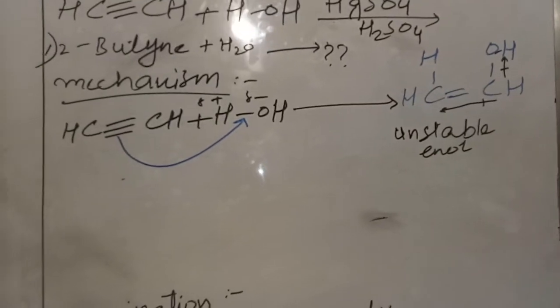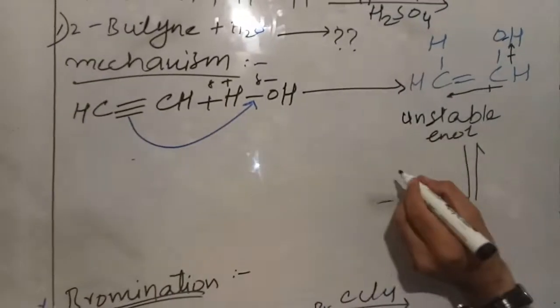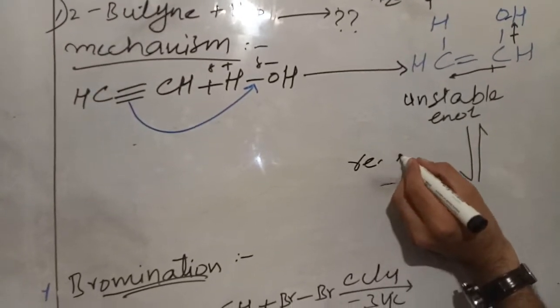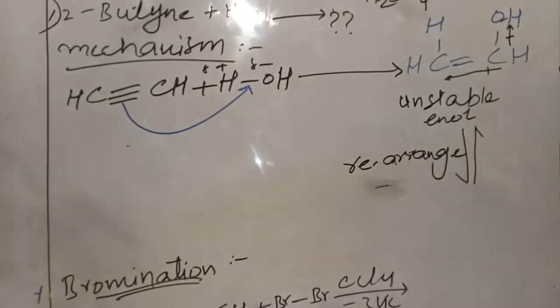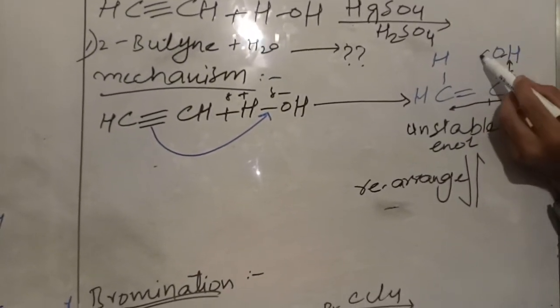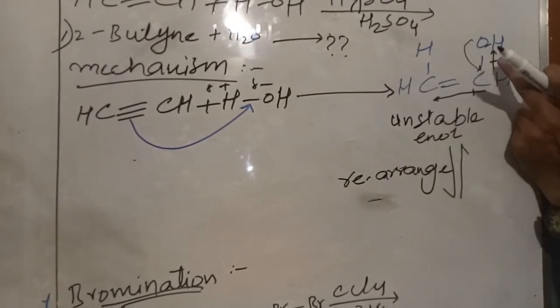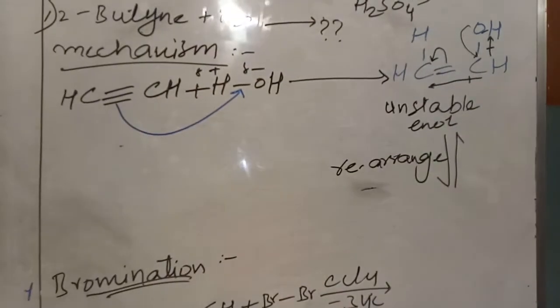As a result, we will rearrange this enol. Here we will write rearrange. So how will we rearrange? This oxygen will attack this carbon to create a double bond, and this carbon breaks its double bond.